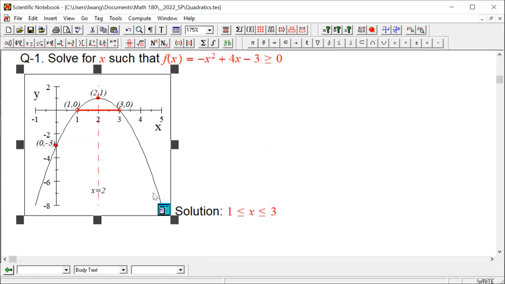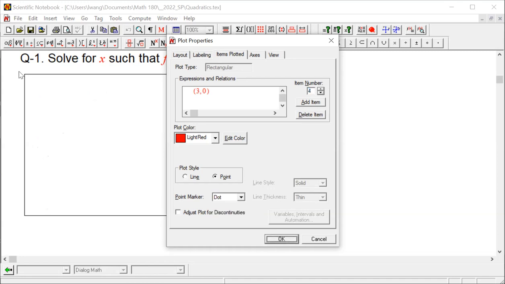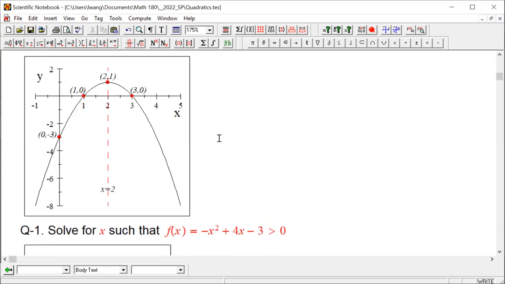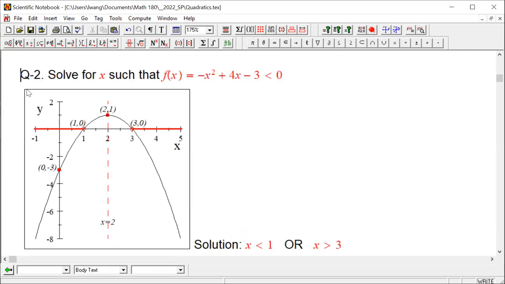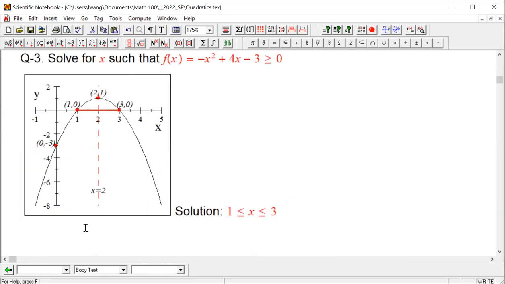And then we just have to change the circles to dots. And of course, this is question 3, right? And that's the solution.